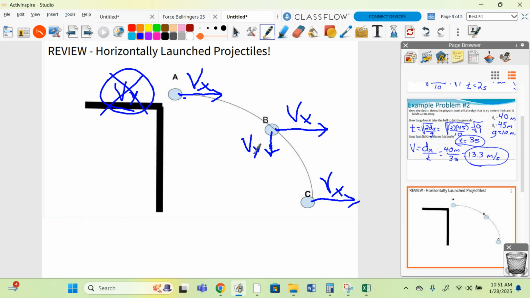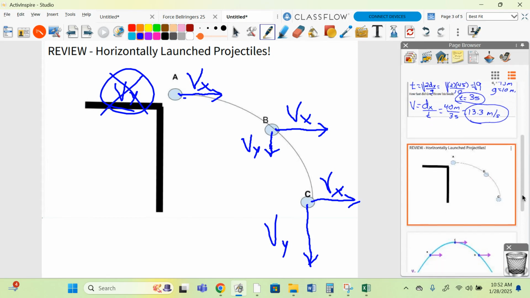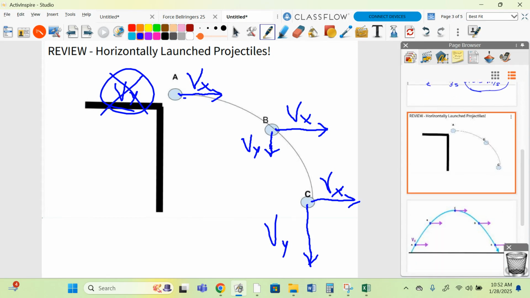Here, I am getting a bit of a Vy that's coming down, but right before it hits the ground, this is where it's going to be traveling the fastest, right before it hits. And that's because it's had the most time to fall. But that is horizontally launched projectiles. Slowest at the top, fastest down here at the bottom.